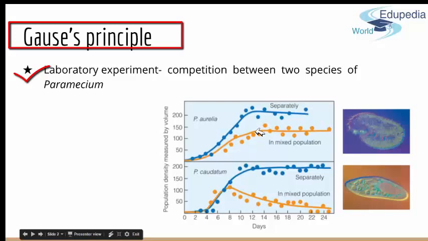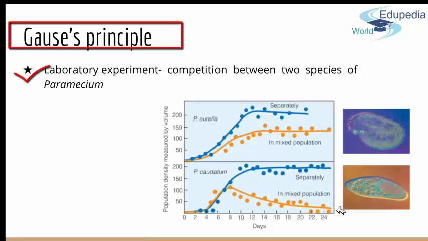As you can see, Paramecium aurelia was doing well on its own, and where the populations were mixed, it kept improving its population number continuously, while Paramecium caudatum couldn't thrive under the mixed population conditions and died out. As you can see, the density of its population is dropping in the mixed population.